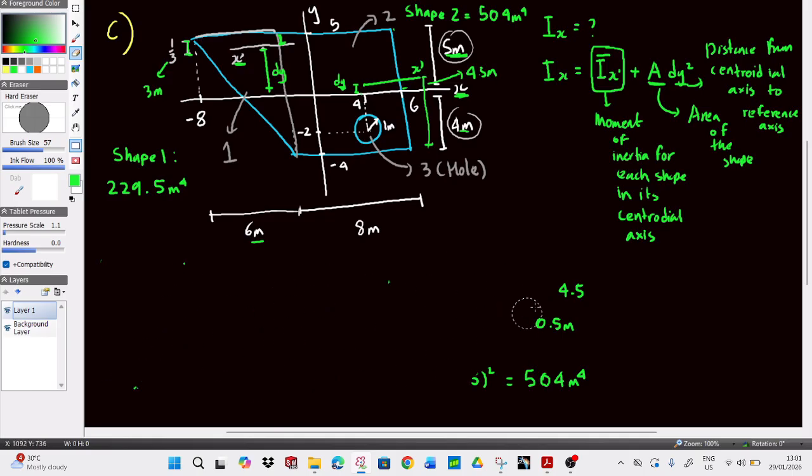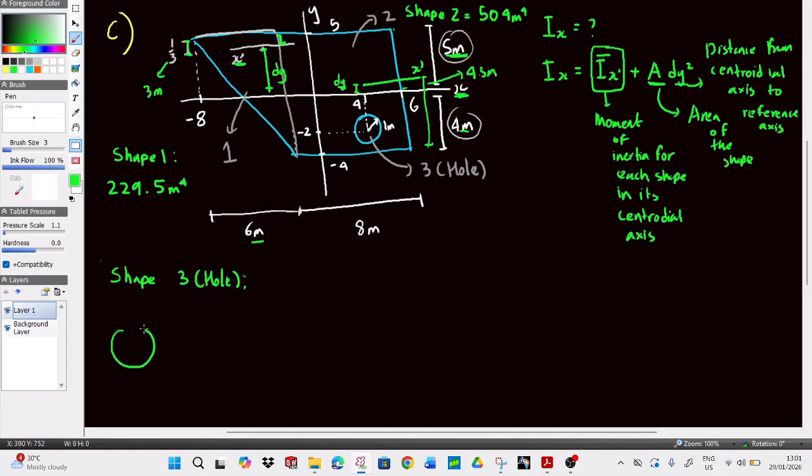Now for shape 3. Shape 3 is a bit interesting because now we are dealing with a hole. Let's try to solve for it. Since it's a hole, the formula is still the same and will still apply.